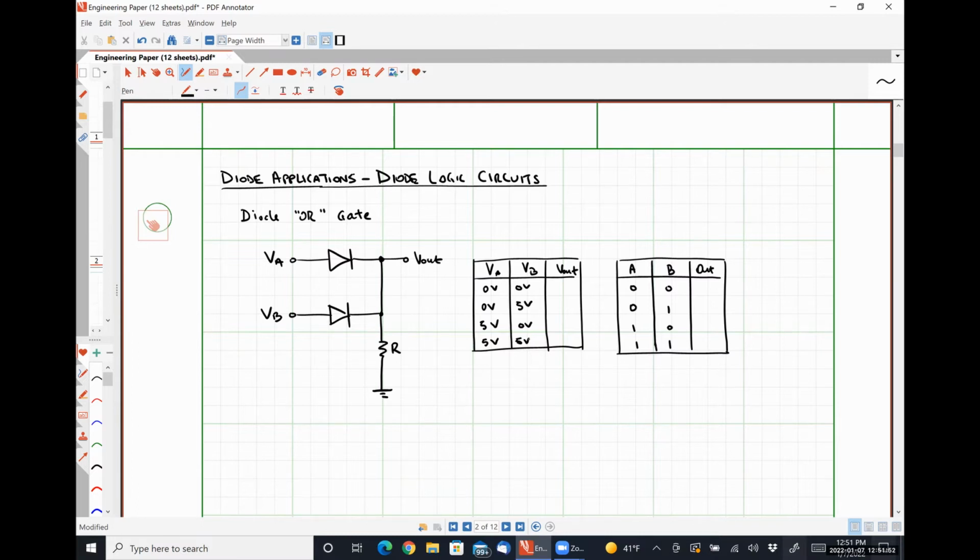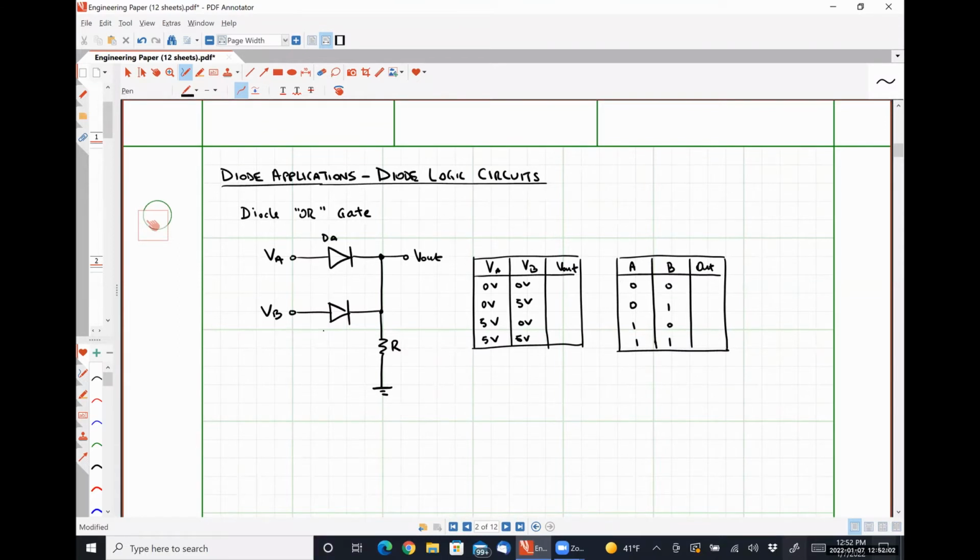Obviously the same would be true of VB in isolation, right? If we only had that diode, let's call this one DA and DB. We can say that when our input voltage VA or VB is 0, those diodes are off.